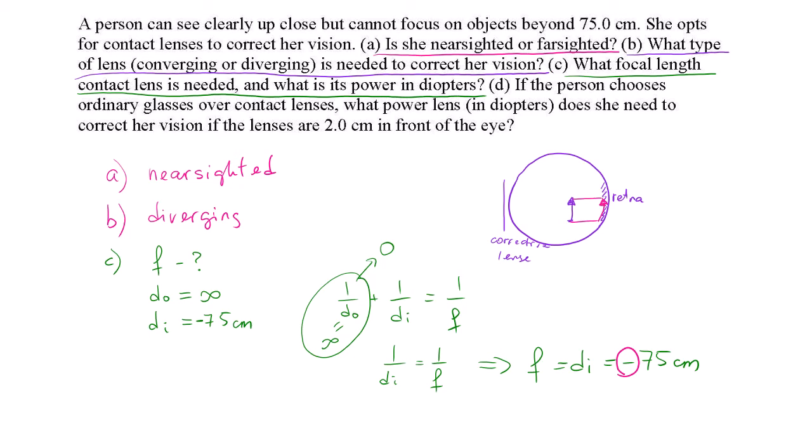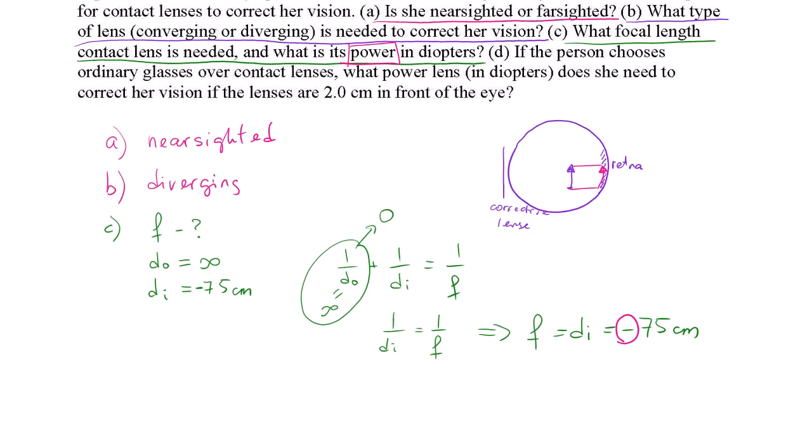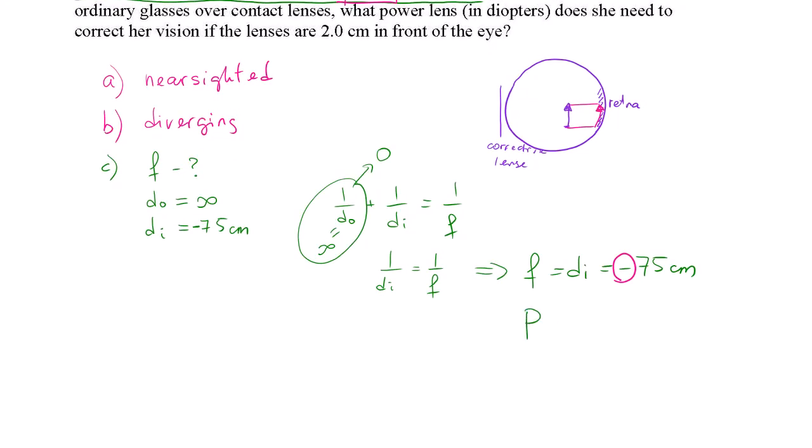Now the next thing, we have to find the power of this lens. We know that power equals 1 over f, but we need to make sure that the focal length is given in meters, because the power should be in diopters. So that would be 1 over negative 0.75 meters, which is the negative 75 centimeters.